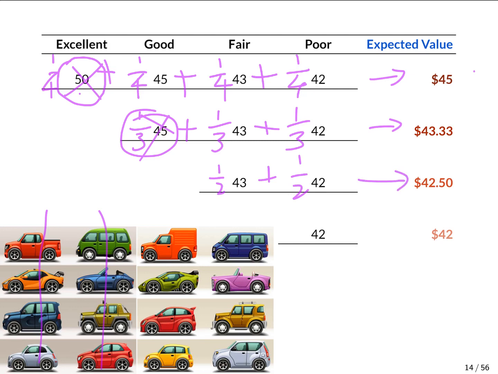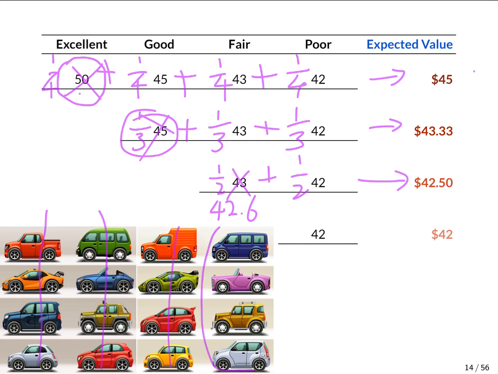Again, the seller of a fair used car is only willing to sell if he gets at least 42.6, right? And that's higher than the willingness to pay by the buyer, so they would drop out as well.